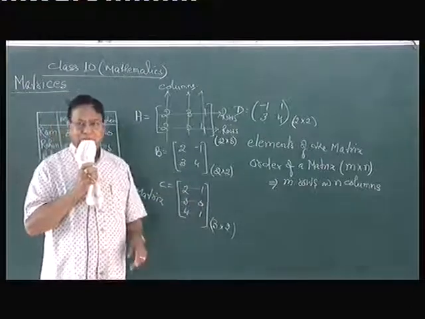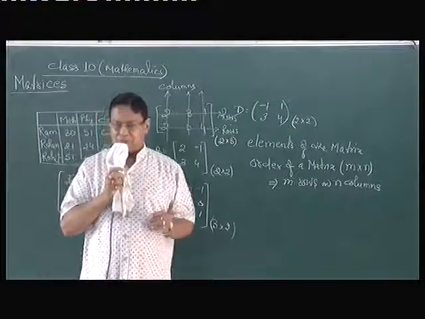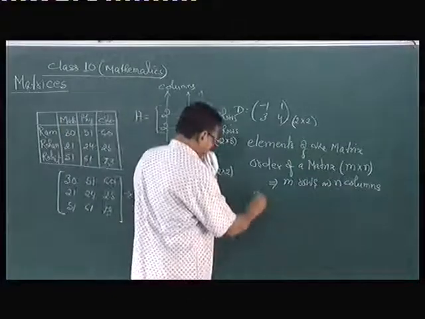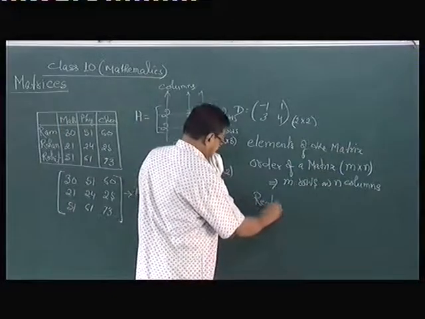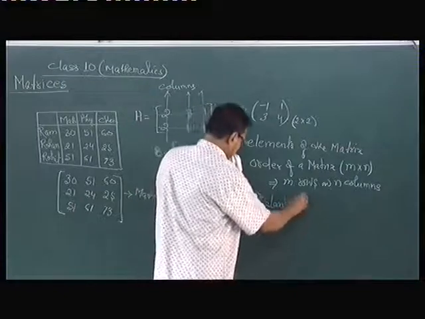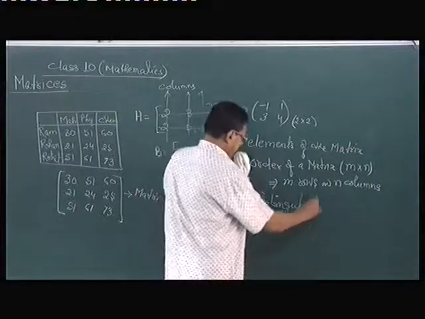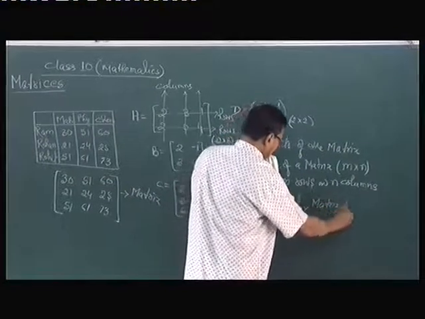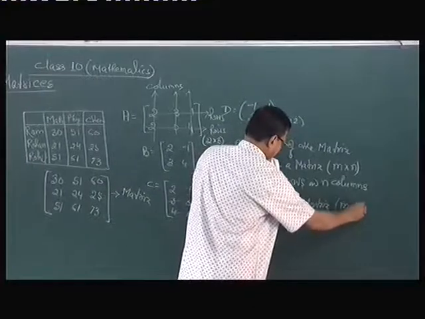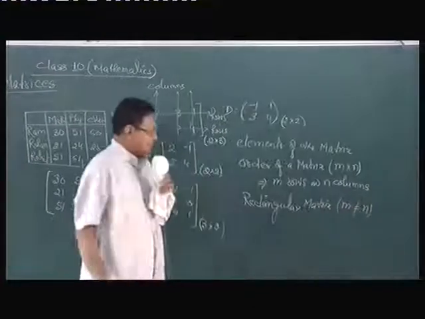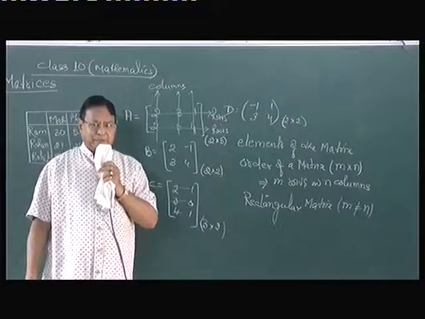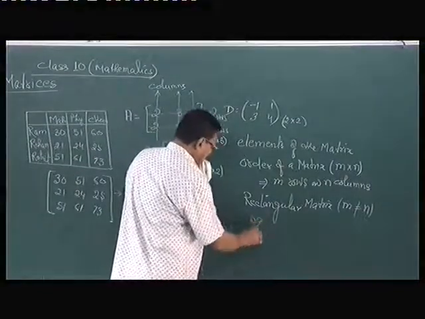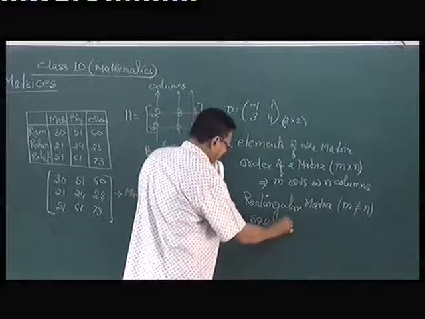So if the number of columns is not equal to the number of rows, it is a rectangular matrix. M is not equal to N, rectangular matrix. If M is equal to N, it is called a square matrix.